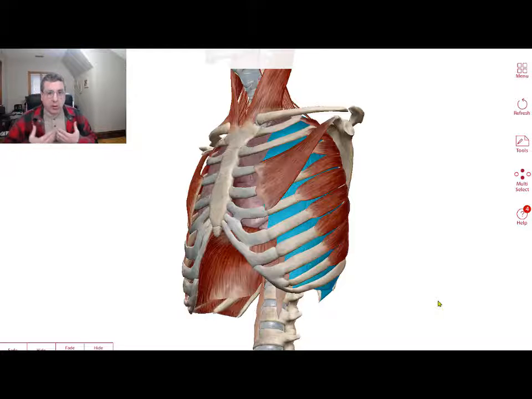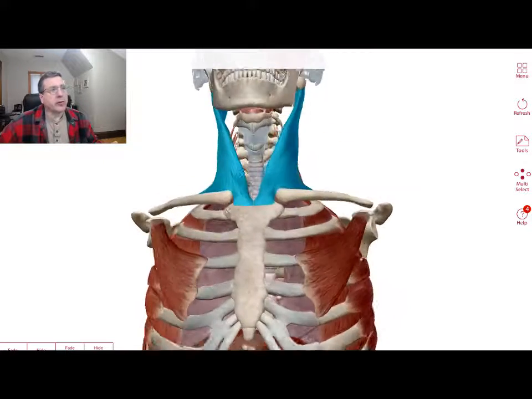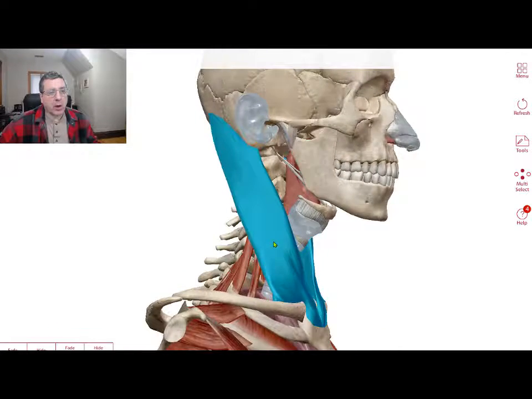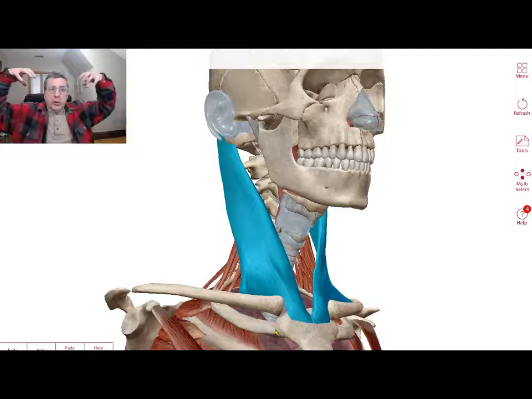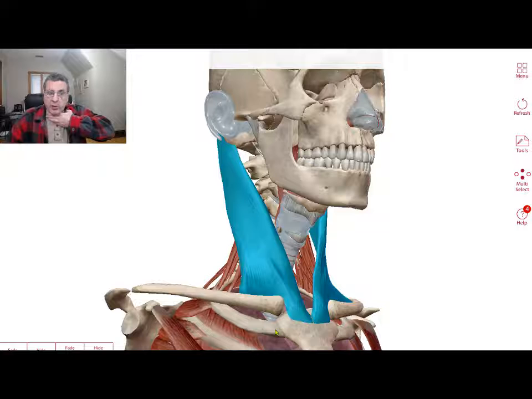So other muscles besides the diaphragm and the external intercostals have to come into play. Those muscles are going to be your sternocleidomastoid, okay? As you can see, if this muscle contracts, it's going to pull your thoracic cage superiorly. This is going to increase the vertical dimensions, which is going to assist the diaphragm.